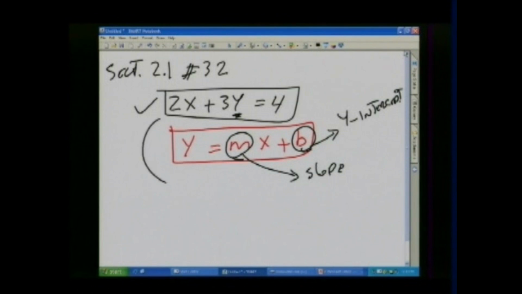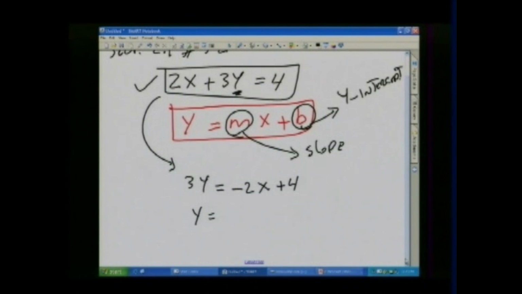So, you would have 3y equal minus 2x plus 4. Divide everything by the coefficient of y. Therefore, y would be equal to minus 2/3 x plus 4/3.